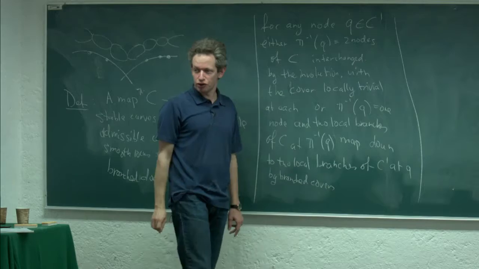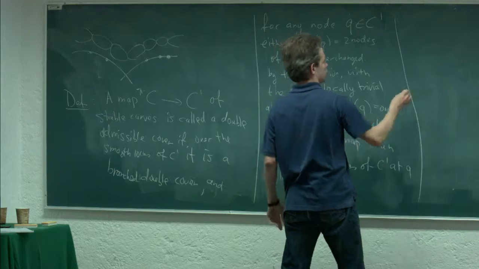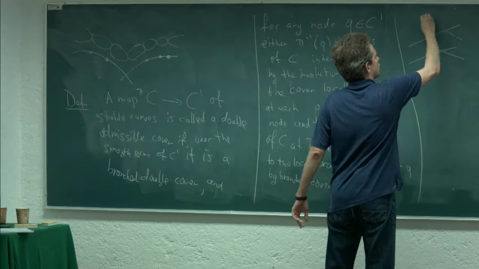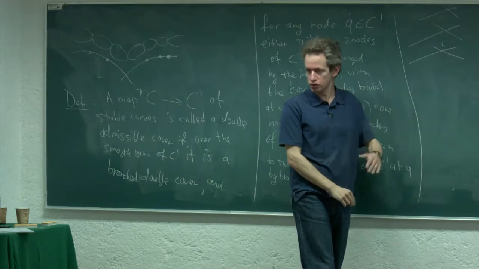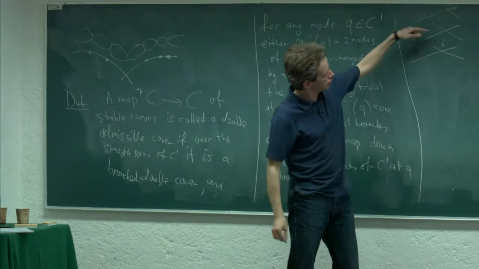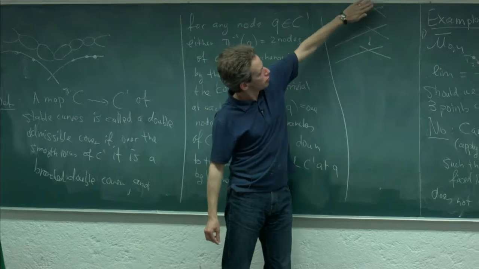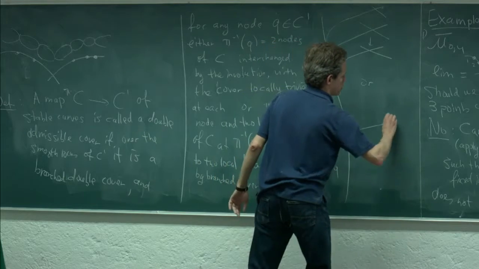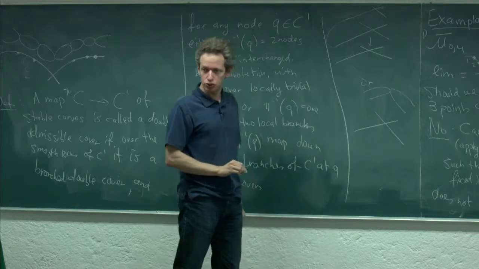Okay, this was a very long way to write a very simple thing. What is an admissible double cover? It's a double cover with a smooth locus, branching possibly, and here I allow either this map, where this maps like this. So this is to say that locally, over a node, I have two copies of the node. Maybe this guy is connected somewhere else, but locally at the node, I have two copies of the node, and each neighborhood of each of these two nodes maps by an isomorphism downstairs, or I have a node downstairs, and upstairs I have this picture, where these are two curves now.